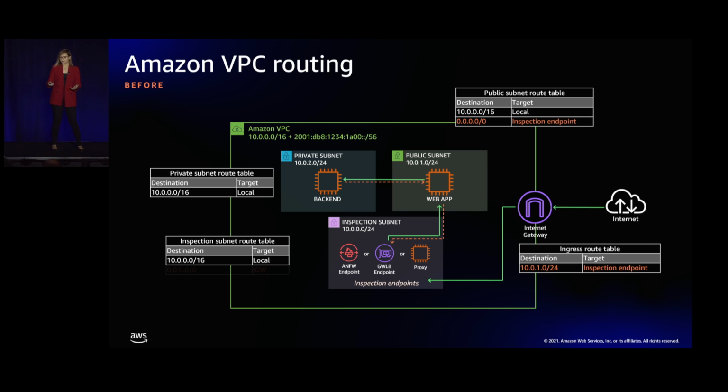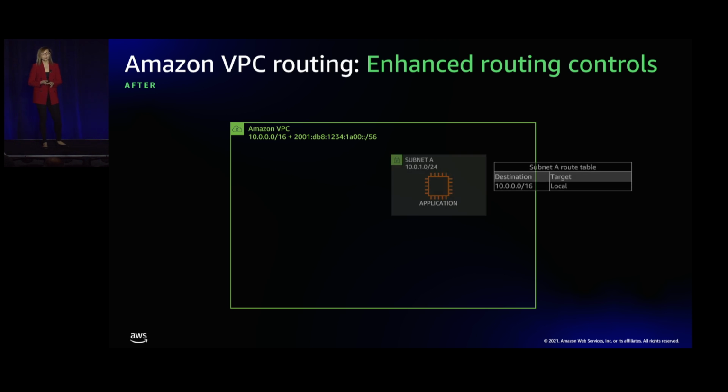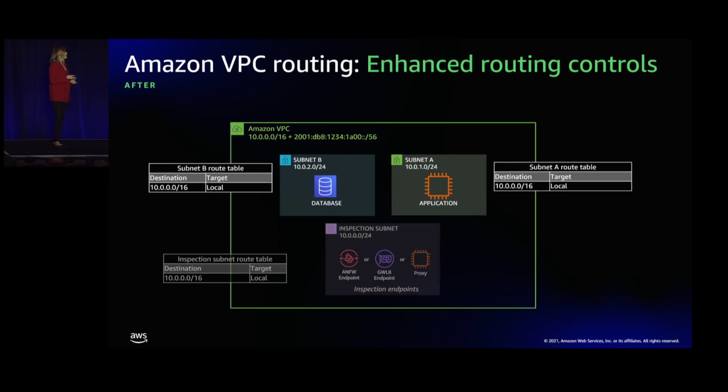Now, the return traffic needed to keep the same path, so routing had to be configured accordingly. What we can do now with more specific routing is move from inspecting only inbound traffic into the VPC to having the ability of inspecting traffic between subnets of the same VPC.